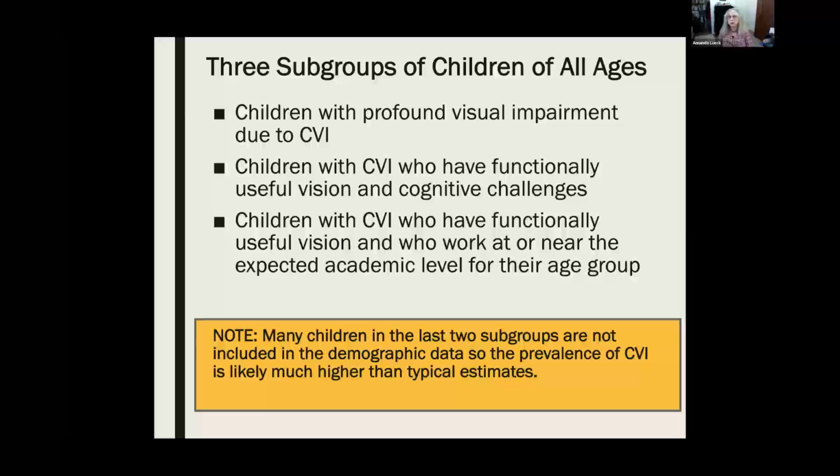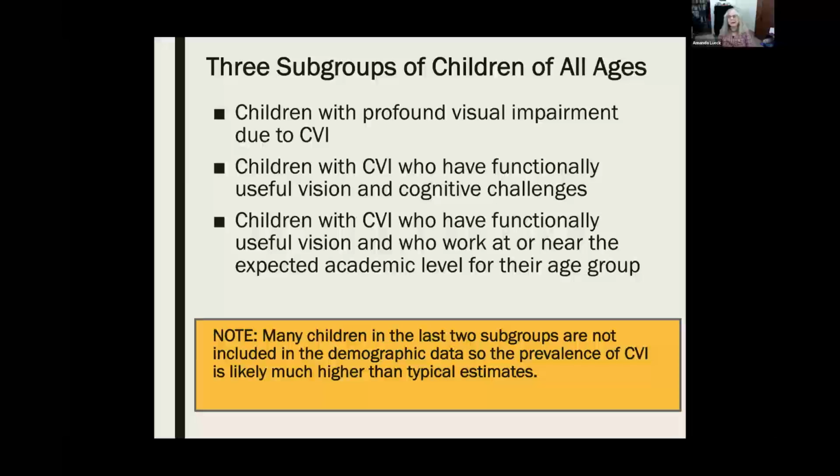These children are still there, but there are also children with CVI who have functionally useful vision and cognitive challenges.